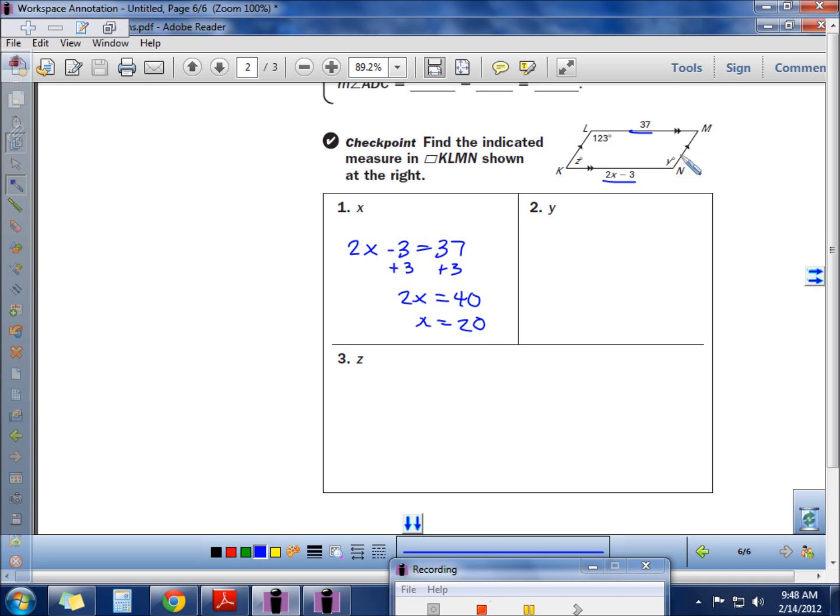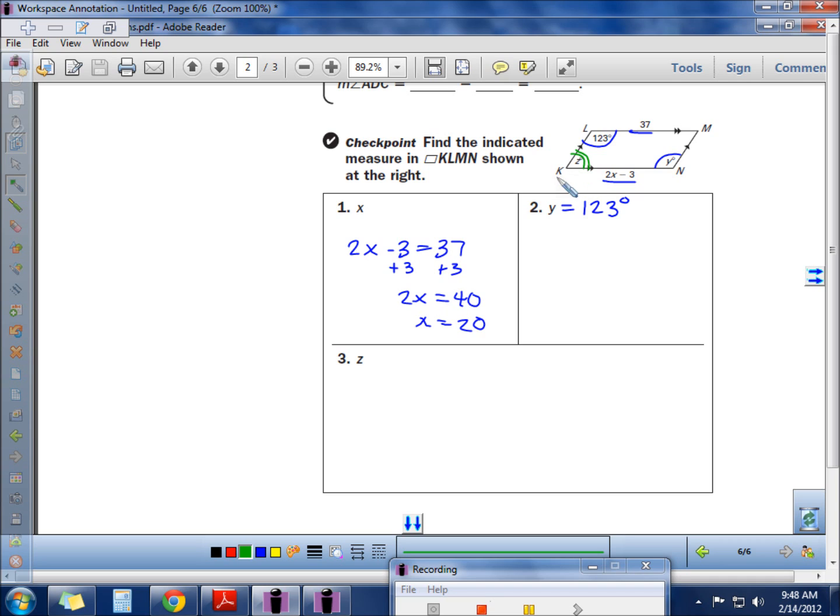Variable y is over here on this angle N. What should I compare that to? The opposite angle will be the same. They are the same measure. They're both 123. Good. Last thing, look for Z. Z in the picture is on this angle. What should I compare that to?